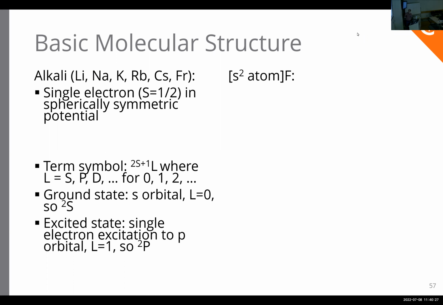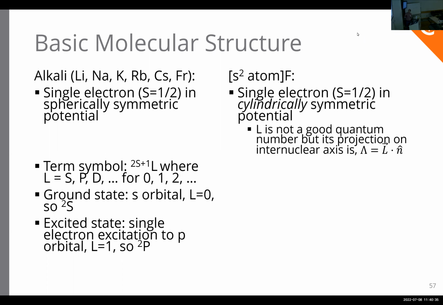When you have these S-centered metal fluoride molecules, it's very similar. There's one key difference: now the potential isn't spherically symmetric, it's cylindrically symmetric. That means there's less symmetry and fewer good quantum numbers.